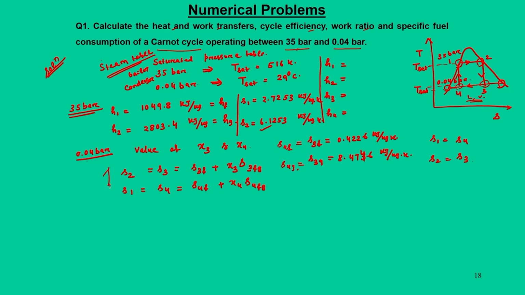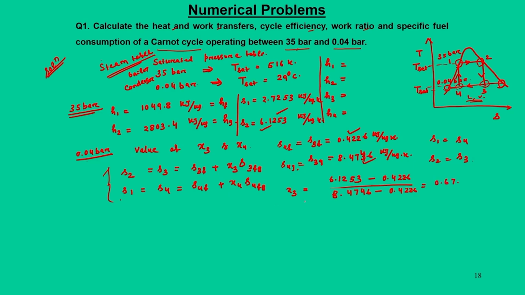So, these two equations will give you the value of X3 as 6.1253, which is this, minus 0.4226, which is this, divided by 8.4746 minus 0.4226, which is this. So, X3 will be 0.67.